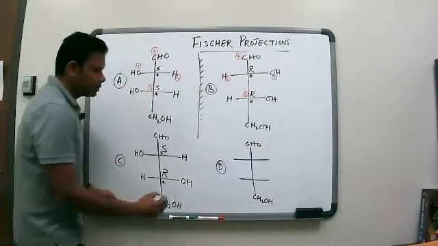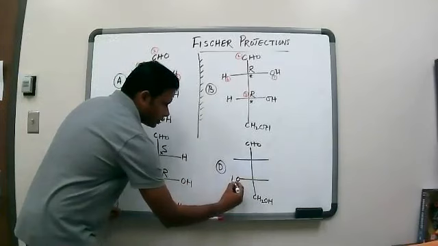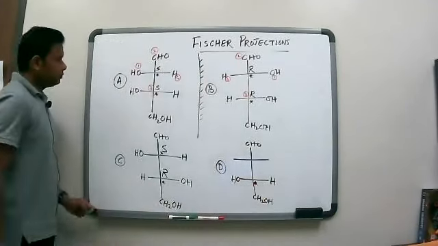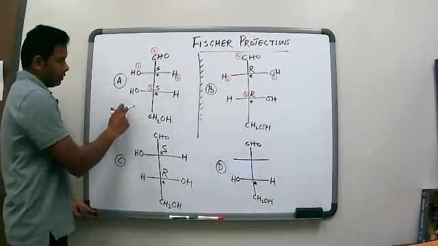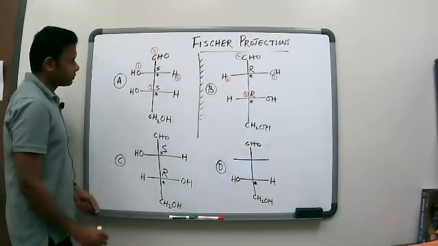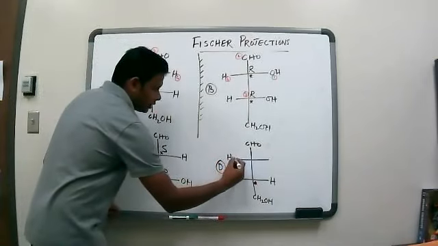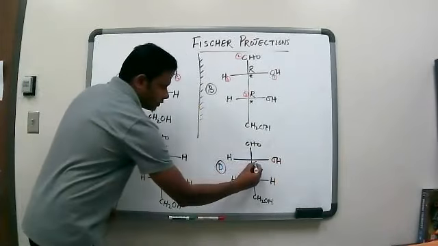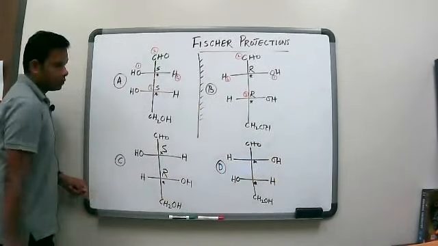So the second stereocenter the same. So the hydroxyl is on the left, hydrogen is on the right. And the first stereocenter, we are going to swap the two groups. So we get hydrogen on the left, hydroxyl on the right. So that's our first stereocenter. So we basically swap those two groups.